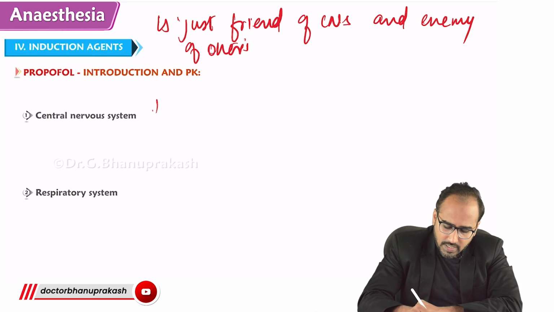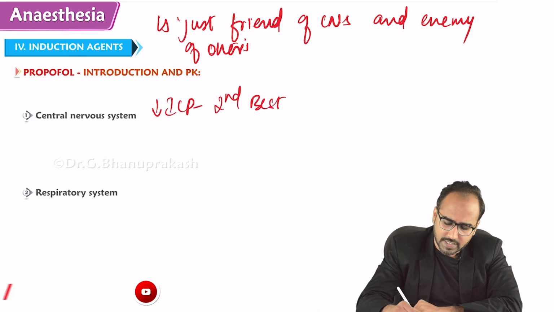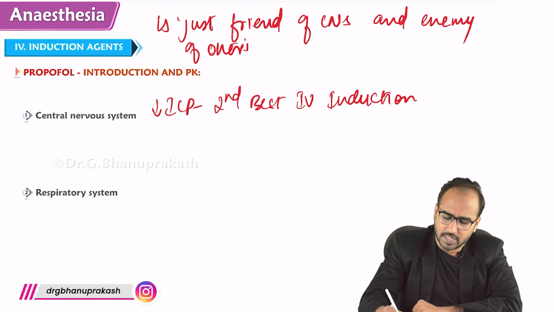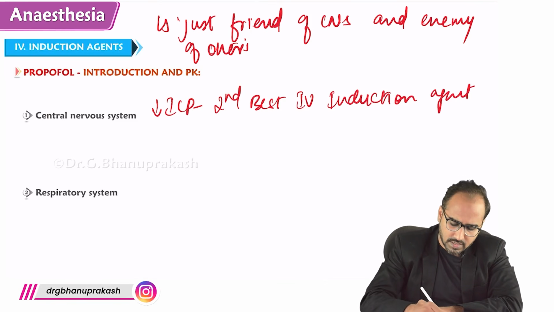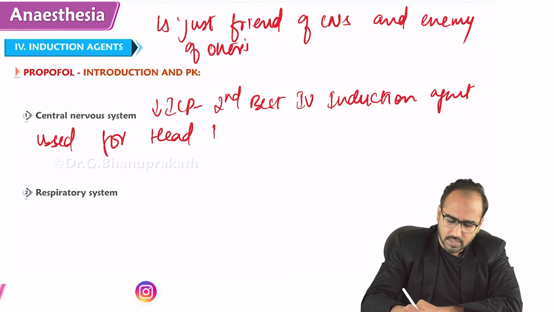Propofol decreases the intracranial pressure. Hence, it is the second best IV induction agent used for head injury and neurosurgery.